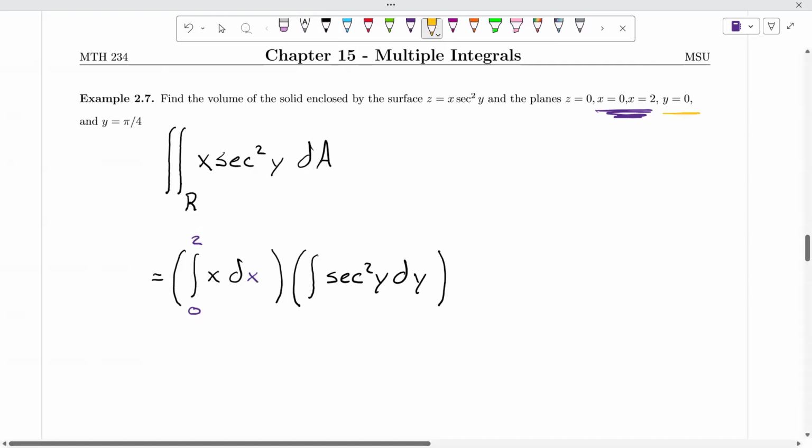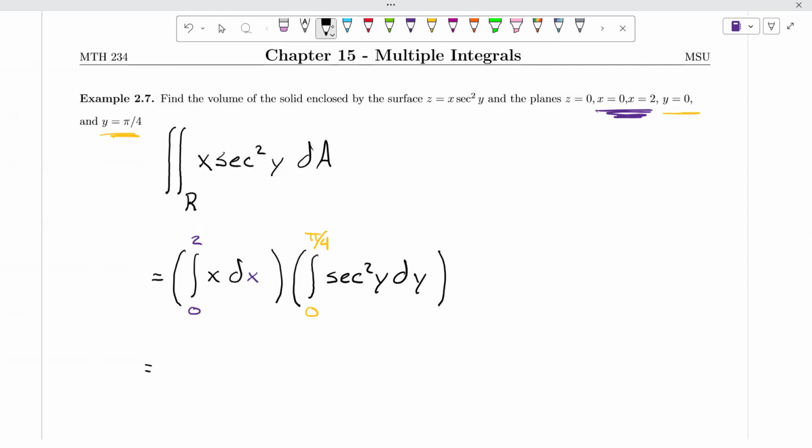And y is from 0 to pi over 4. And then the fact that we're also bounded by z equals 0 just means we're looking for the volume above the xy plane, since z equals 0 is the xy plane. So this is still the standard interpretation of volume that we've been using for double integrals. That part's not changing.